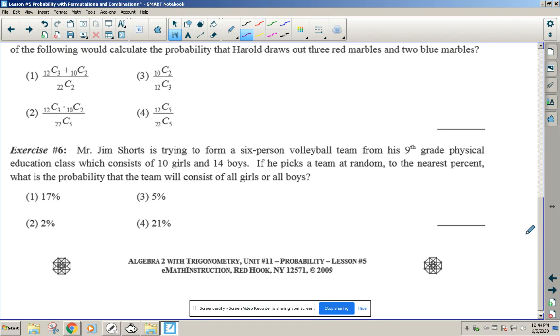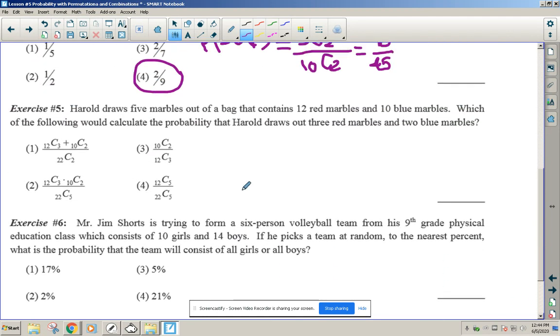And let's take a look at number 5. Harold draws 5 marbles out of a bag that contains 12 red and 10 blue. So in this bag, he's got 22 marbles, and he takes out 5. That's my bottom. What he has is 22, and he chose 5.